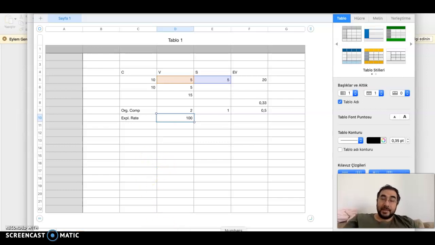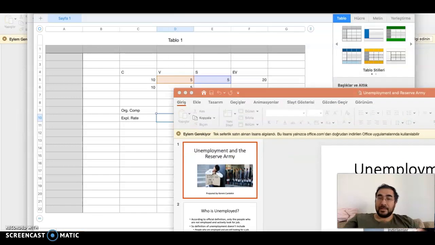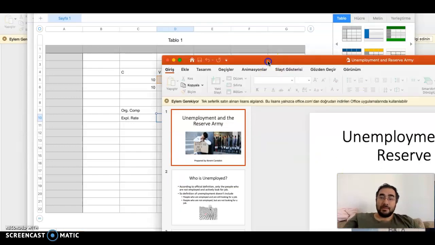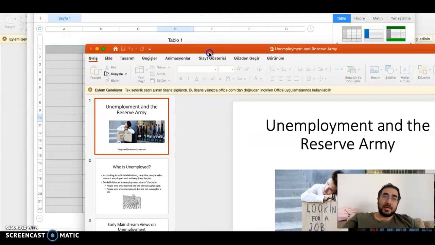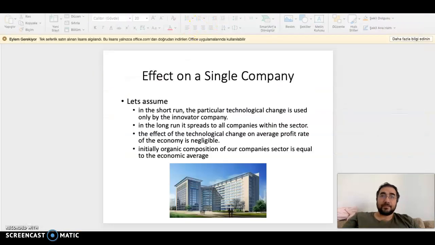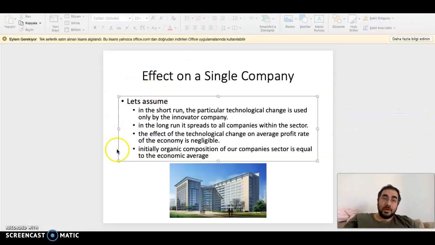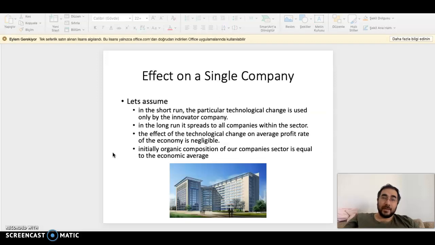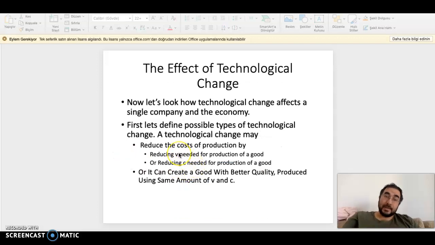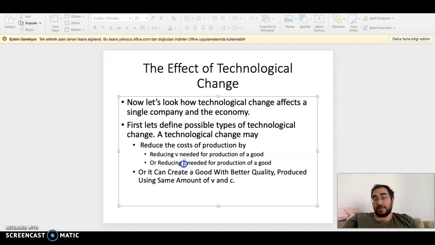Okay. In the next section, we will look at, this is the wrong slide, this is the next lecture, basically. We will look at what will happen in the whole economy when the whole economy is dominated by technological innovations which reduce variable capital and technological innovations that reduce the C, constant capital.